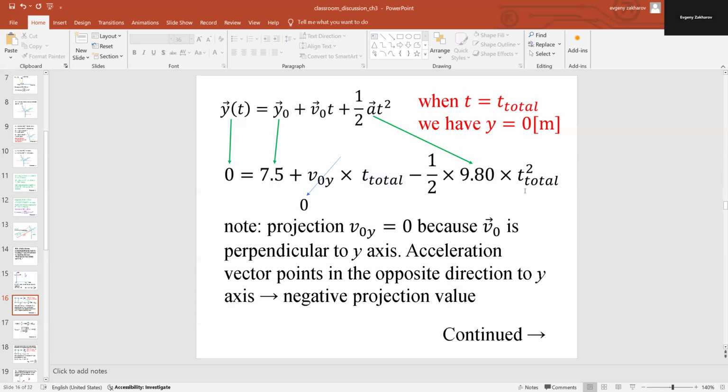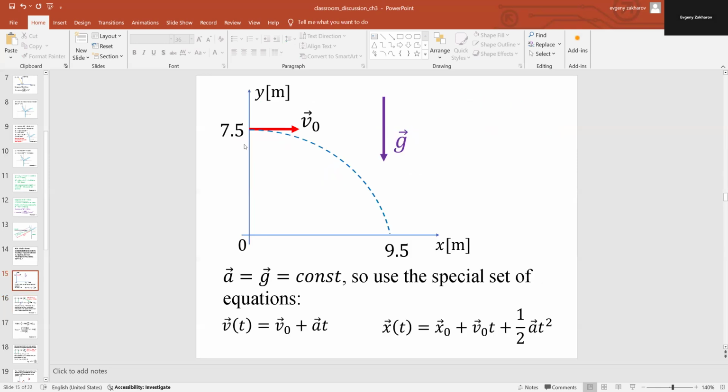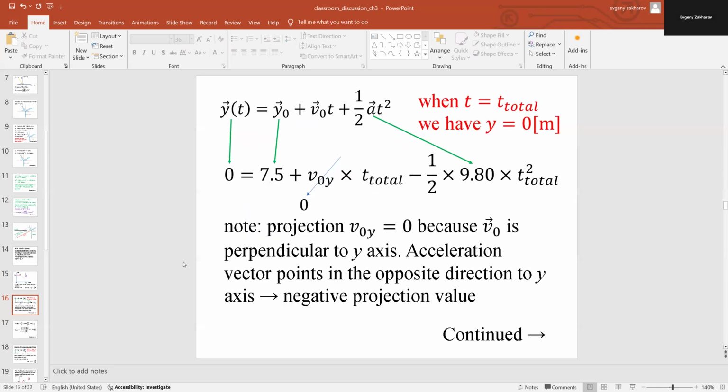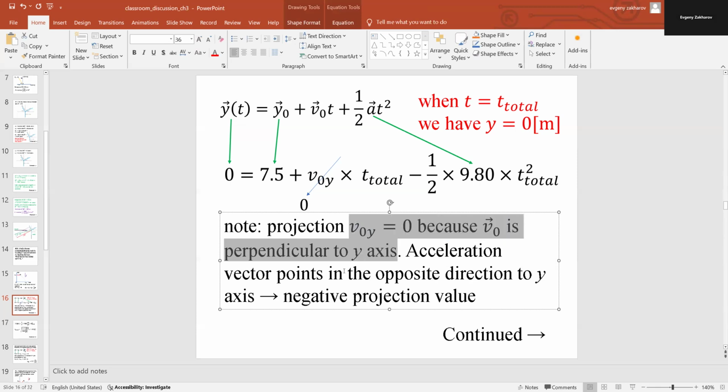And you will end up with a single solution, which would be the correct solution to work with in terms of time that it takes to travel from the initial to the final position. So acceleration is opposite. Initial velocity is perpendicular. That's why you have 0 for initial velocity and negative 9.8 for the acceleration.